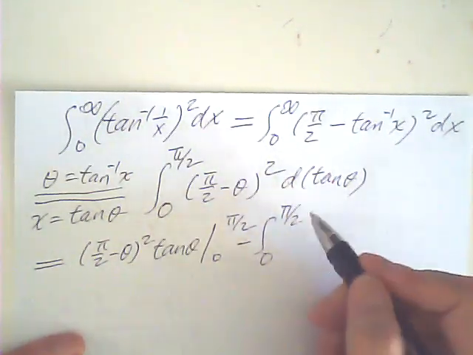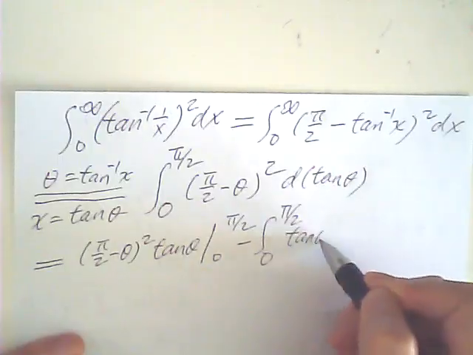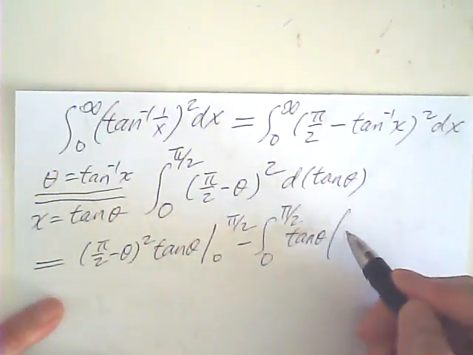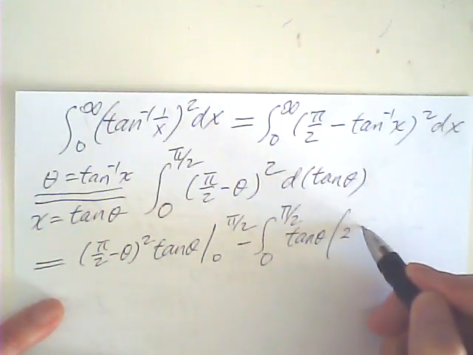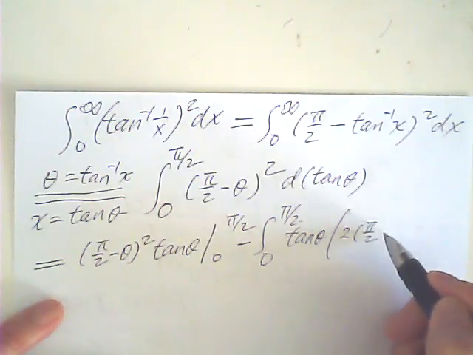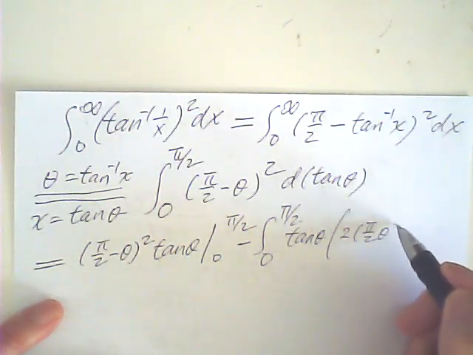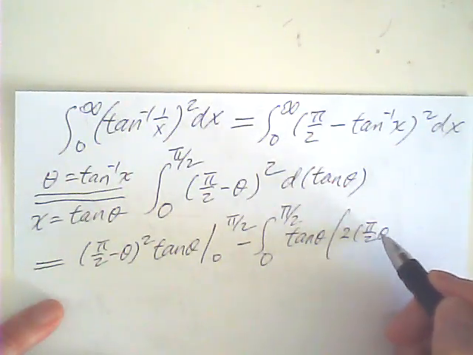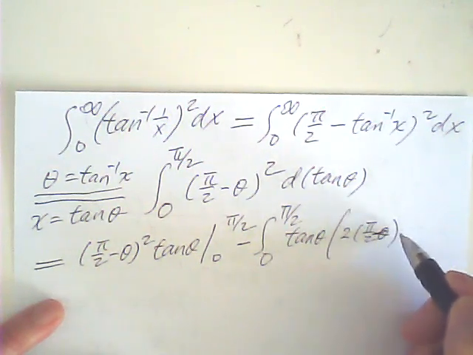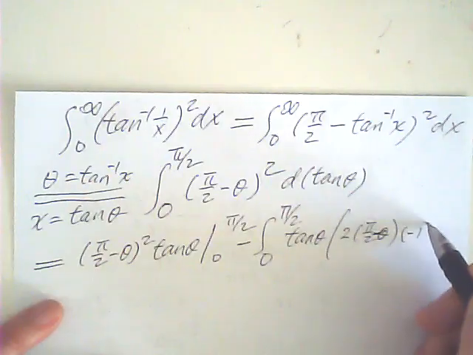v is this, tangent theta, and u du is equal to 2 times pi over, minus half pi minus theta times minus 1, right?